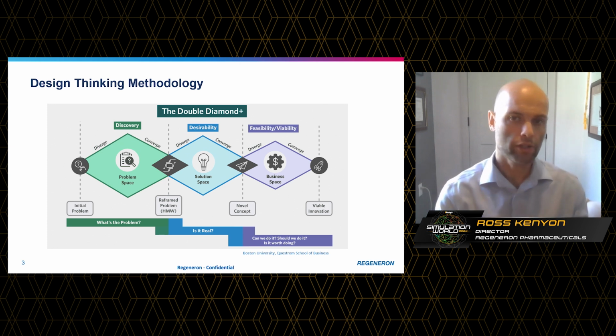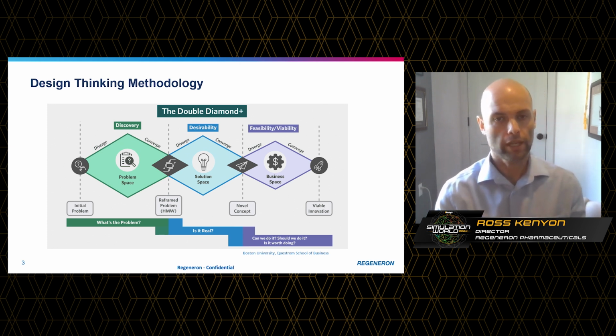We've been given a broad charter to operate within the company to employ modeling and simulation to new areas. So we're always faced with choices about where we should apply our resources. By using this double diamond plus framework, we can take a candidate problem, think about it in more detail, drill down to what core underlying problem there is, and then look at what is the business viability of going down this route.